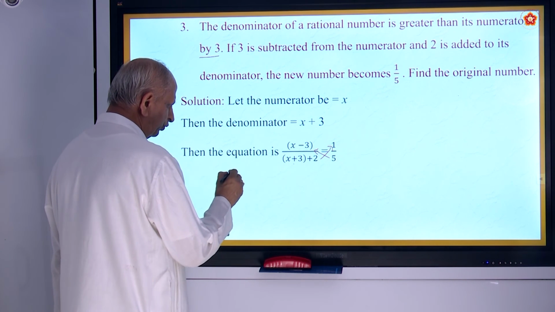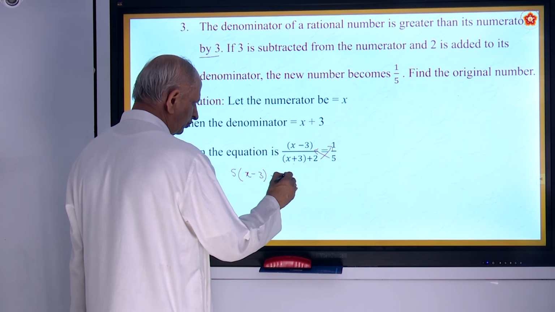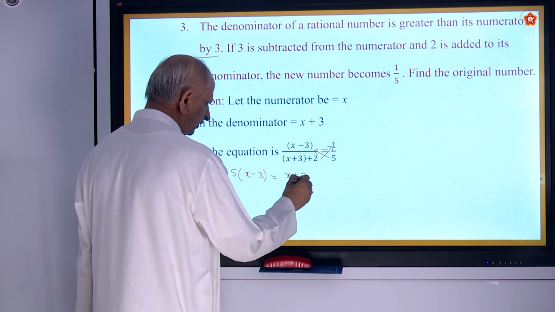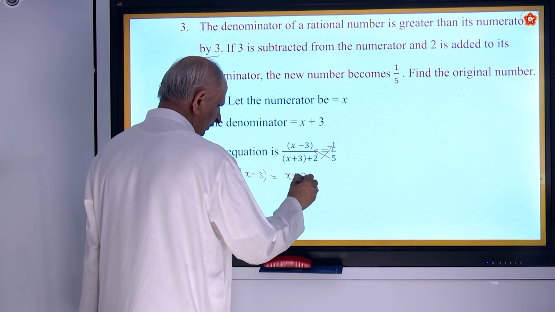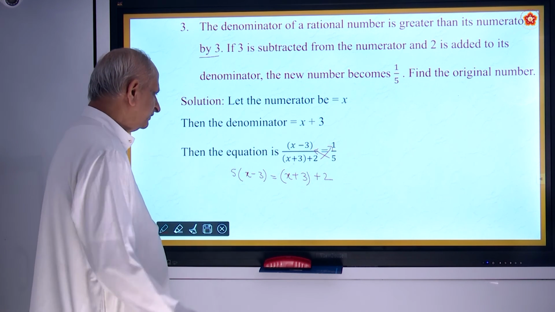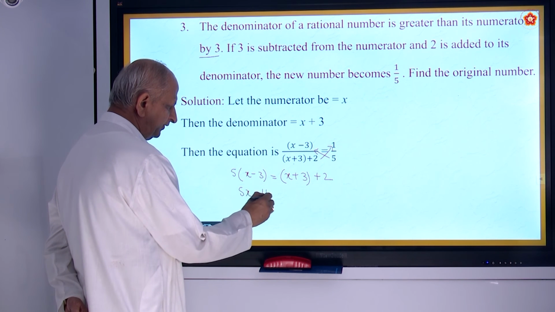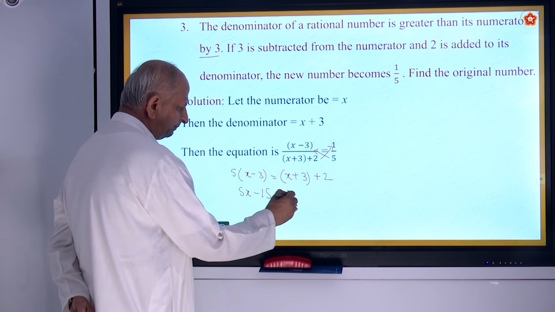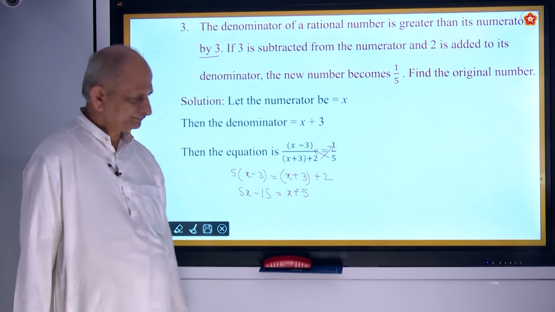So 5 into x minus 3 is equal to x plus 3 plus 2, correct? So 5 into x how much? 5x minus 15 is equal to x plus 5, 3 plus 2 is 5, correct?